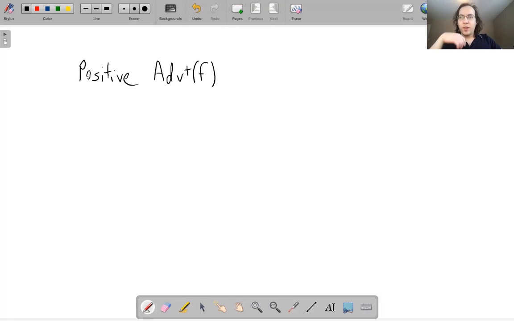This is a measure of a Boolean function f. And there's the negative one, which we'll denote adv plus minus. The negative one, I'm going to call the negative weight, but it can have positive weights too. So these are measures of Boolean functions.